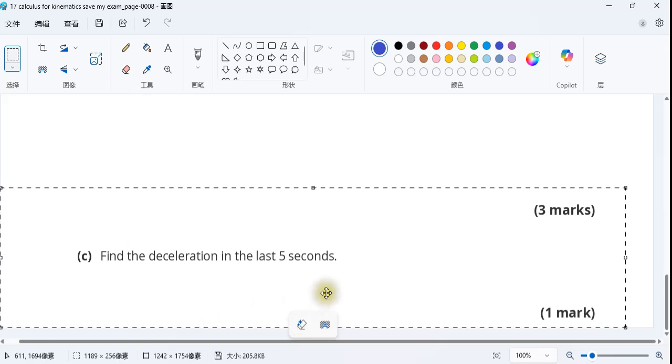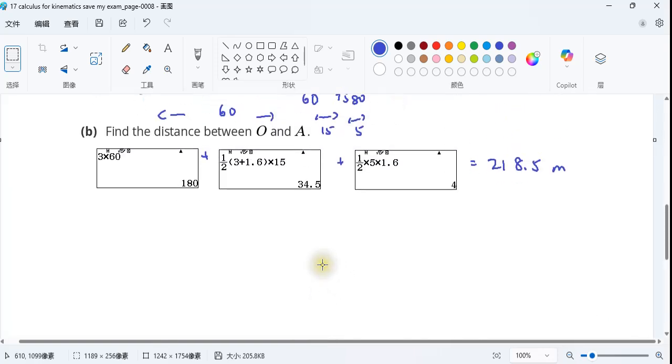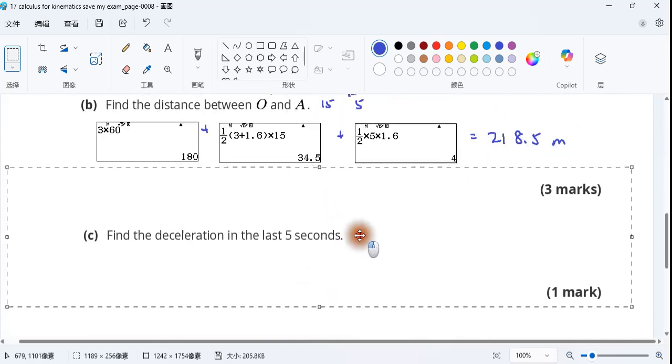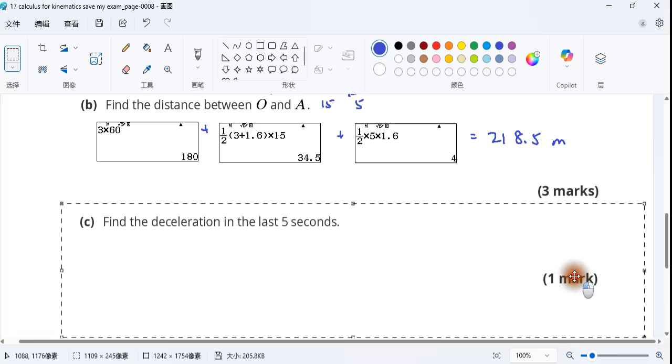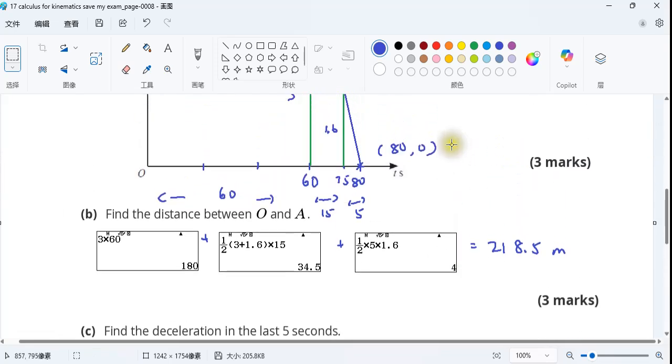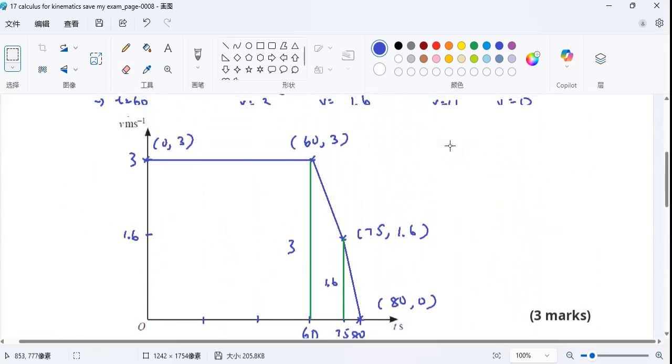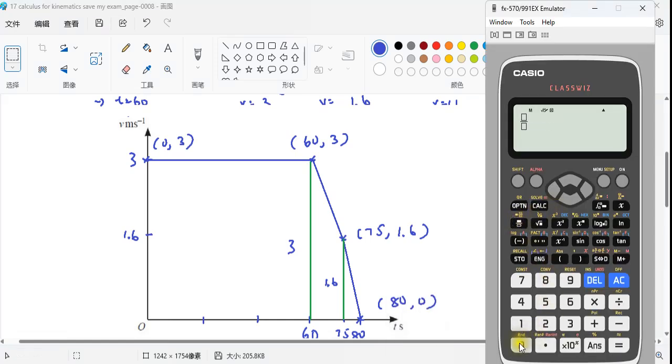And find the deceleration in the last 5 seconds. So deceleration is the gradient. So the gradient for the last 5 seconds will be 0 minus 1.6 over 80 minus 75.